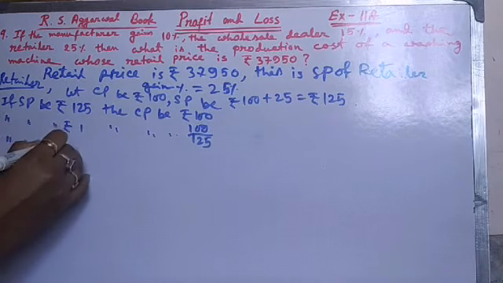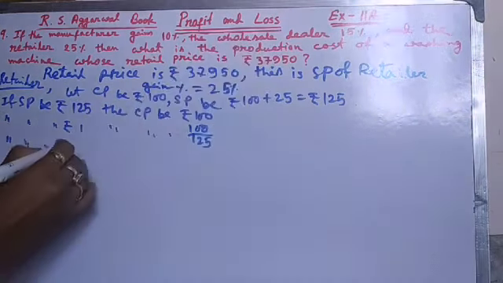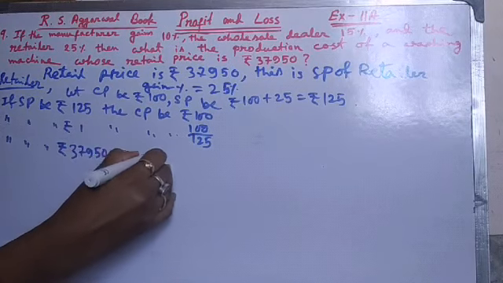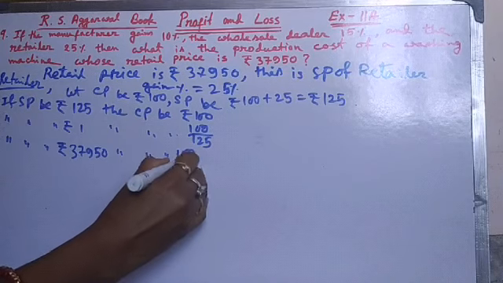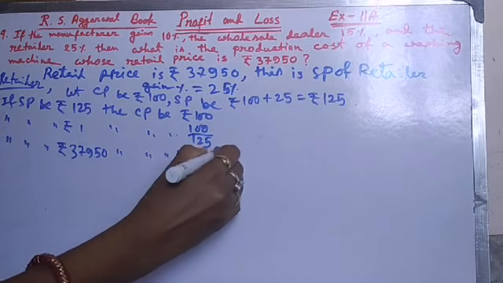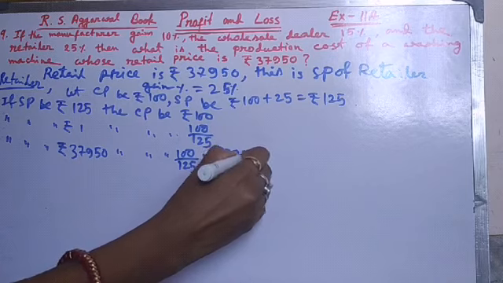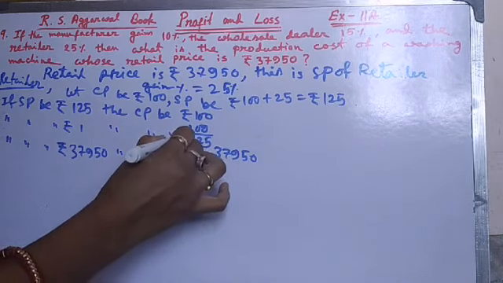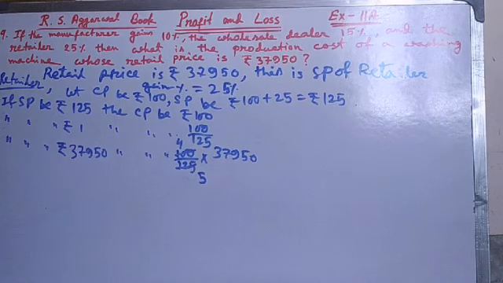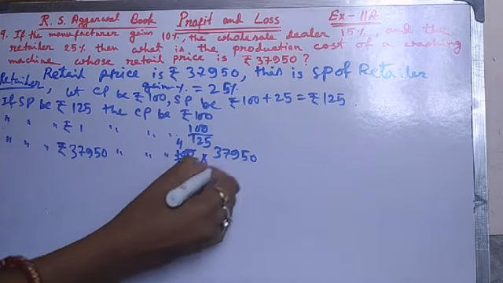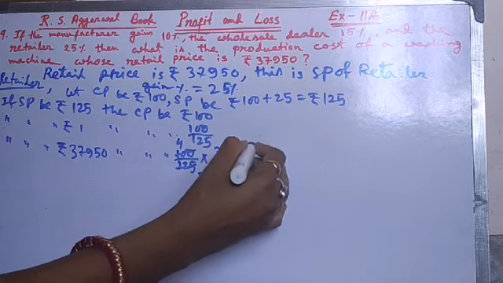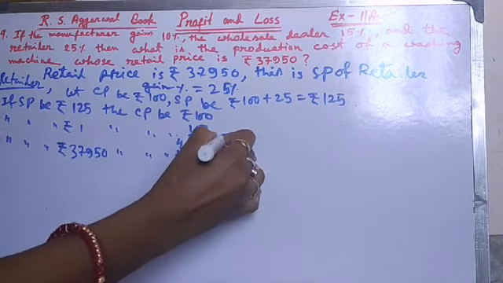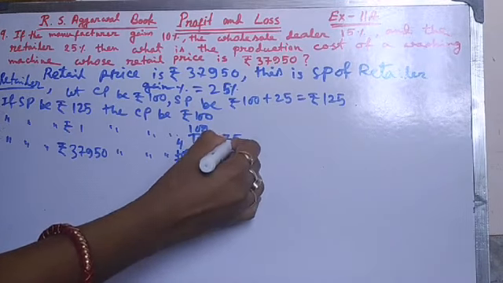Then when SP is this one, 37,950, then CP is 100 by 125 into 37,950. So by 25 it can be cut, 25 5s and 25 4s. 100, 25 5s are 125. So by 5 it can be cut. 5 7s are 35. 5 5s are 25.